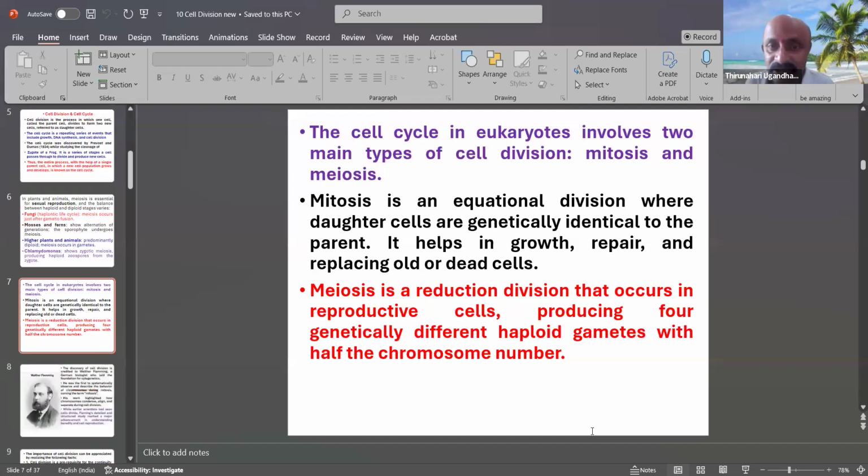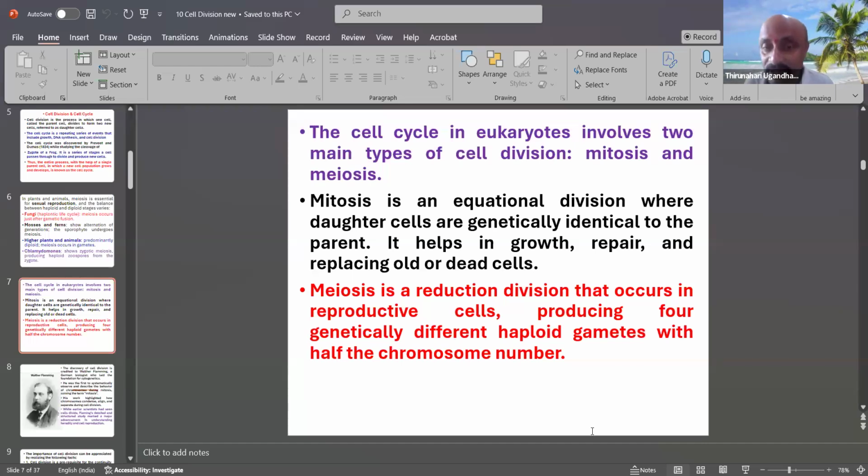So the cell cycle in eukaryotes involves two main types of cell division, mitosis and meiosis. Mitosis is an equational division. Equational means two equal cells are formed, structurally, functionally and developmentally equal, where the daughter cells are genetically identical to the parent.